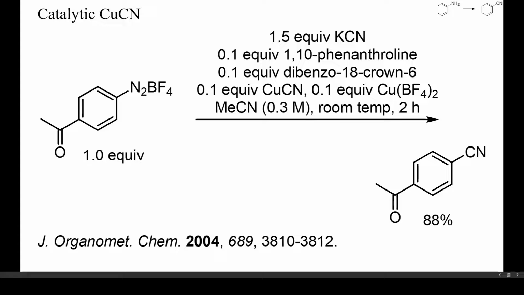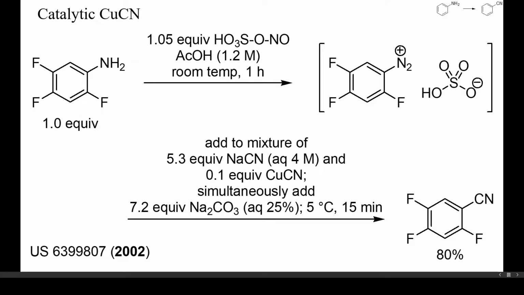Cyanations with only catalytic amounts of transition metals do not usually work well and might require a lot of optimization and other additives. Here, a diazonium tetrafluoroborate was cyanated in high yield with only 20% of copper complexes under anhydrous conditions. More realistic is the strategy used in this example. Here, an aniline was first diazotated in acetic acid with a slight excess of nitrosyl sulfuric acid.